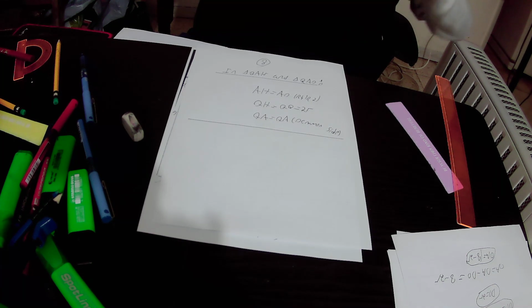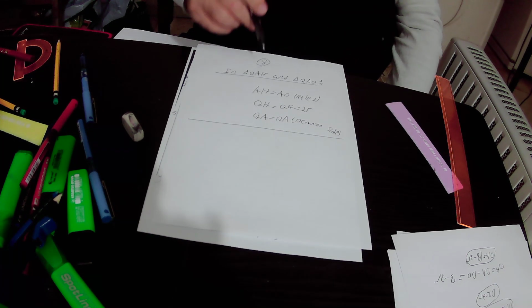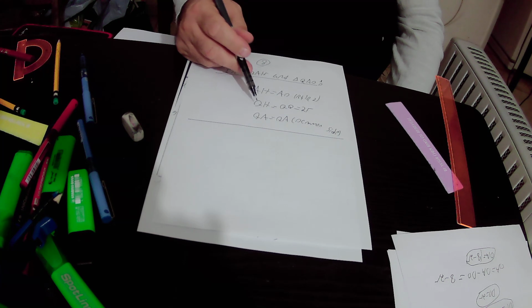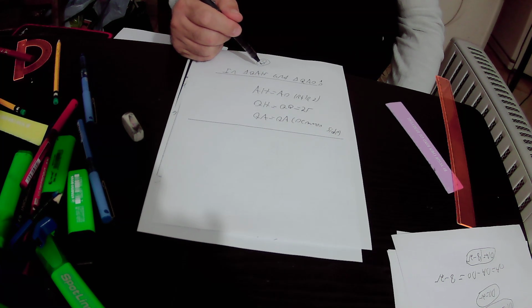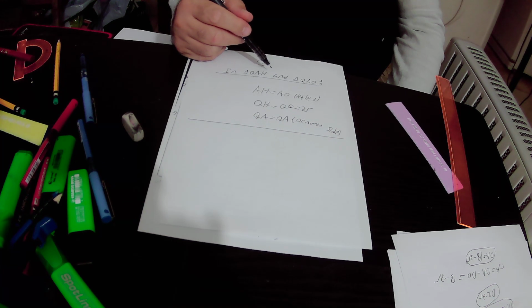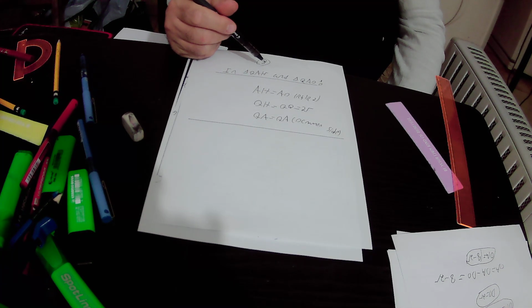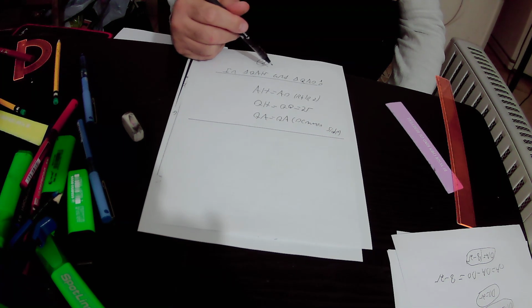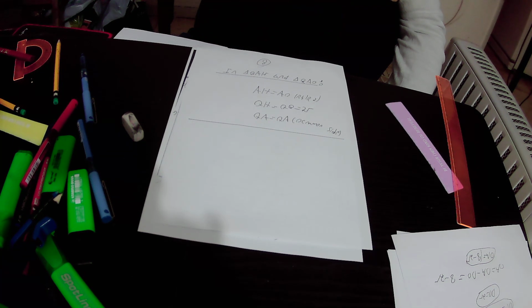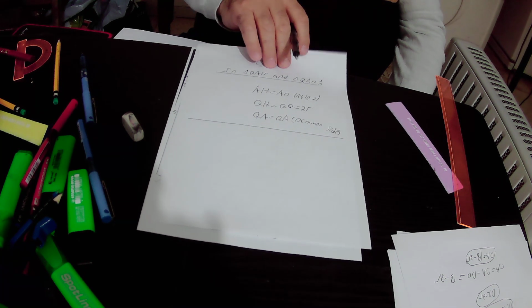So we actually proved that all three sides, 1, 2, 3, of the right triangle QAH are correspondingly equal to all three sides of the right triangle QAO. Therefore, we proved that the right triangle QAH is congruent to the right triangle QAO according to the side rule.